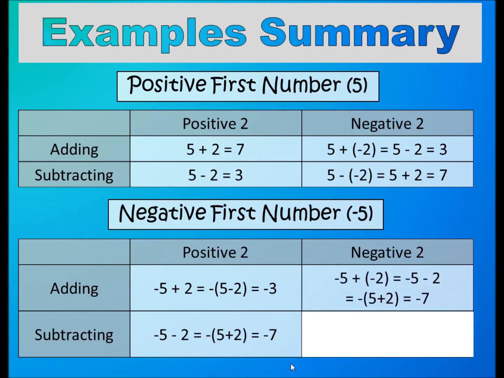We also found out that negative 5 plus negative 2 equals negative 5 minus 2, which we already found out was negative 7. We also learned that negative 5 minus negative 2 is equal to negative 5 plus 2, which we already found out was negative 3.